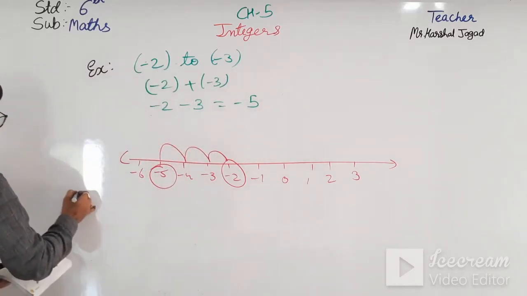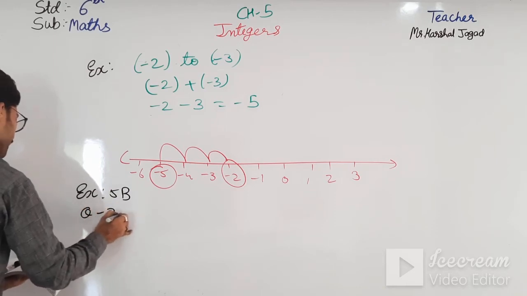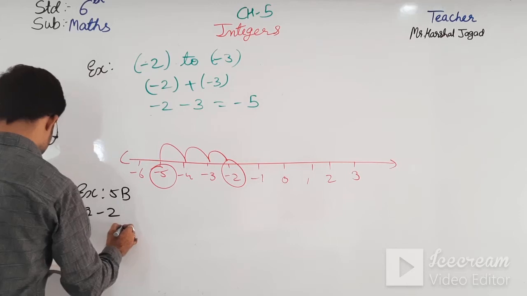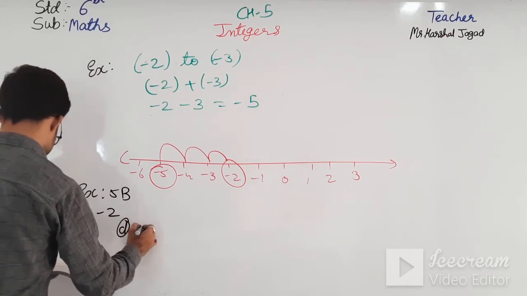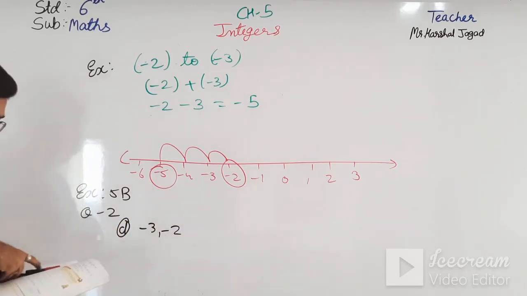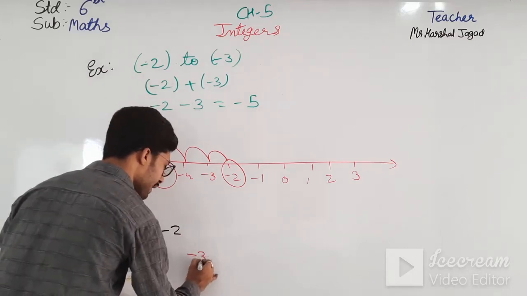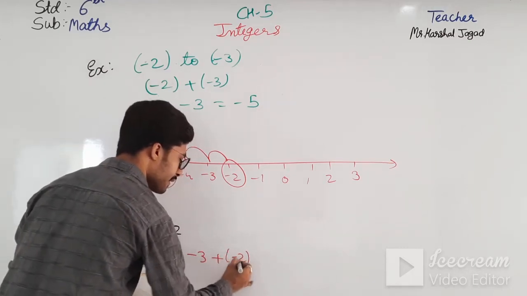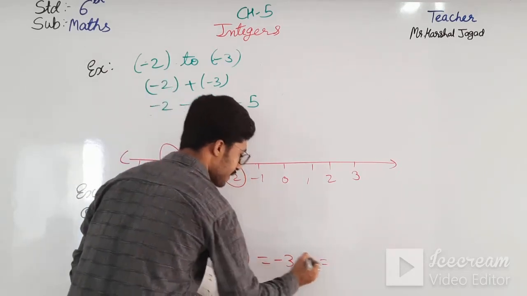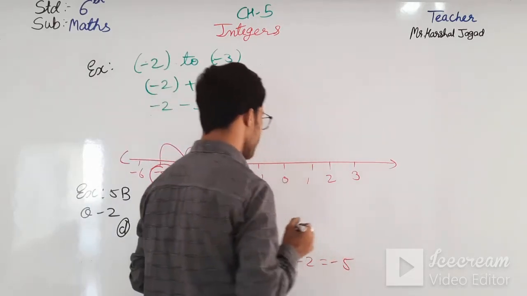So in exercise 5B question number 2, now taking D, that is minus 3 minus 2. We have to add this. How will we add this? Minus 3 plus minus 2, then it will be minus 3 minus 2, that is minus, and 3 plus 2 is 5, but minus 5.